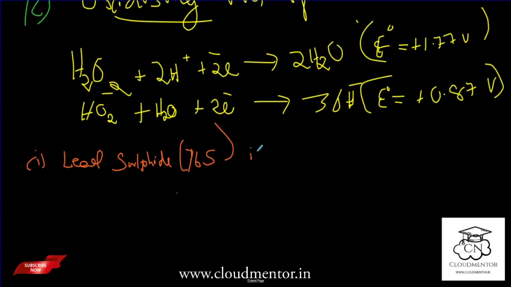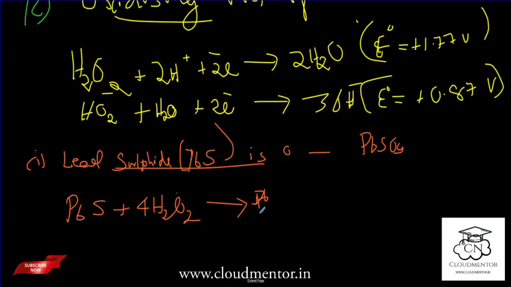This reaction is like this: PbS plus 4H2O2 giving PbSO4 plus 4H2O. And there are so many reactions like potassium nitrate, sodium sulfate, sodium arsenide, and hydrogen sulfide. All of them get oxidized by this one.